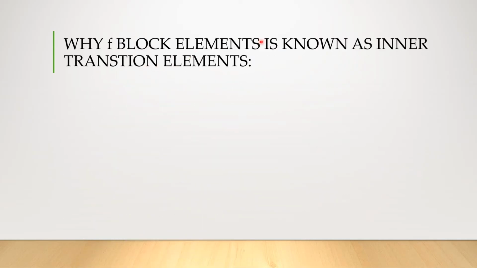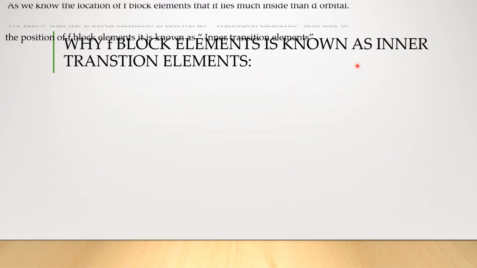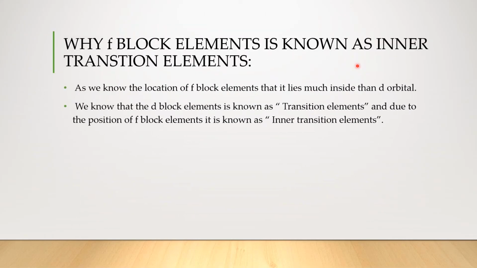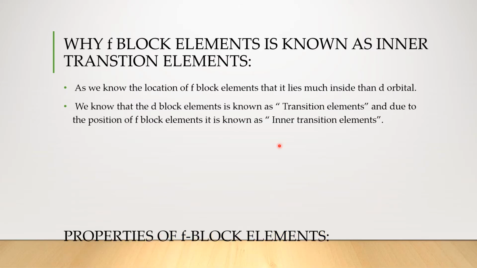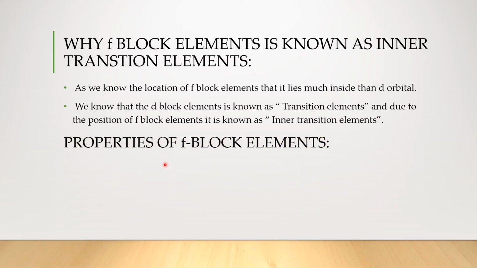Why are f block elements known as inner transition elements? We call d block elements transition elements, and as we know, the location of f block is that it lies much deeper inside than the d orbital or d block. So it is known as inner transition elements. And then what are the properties of f block?